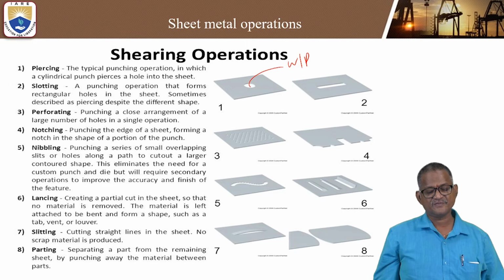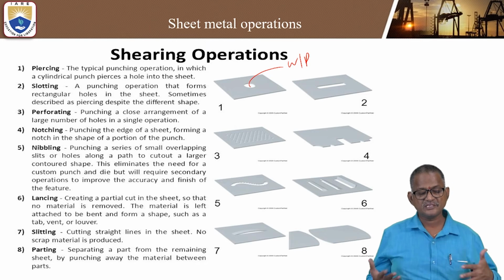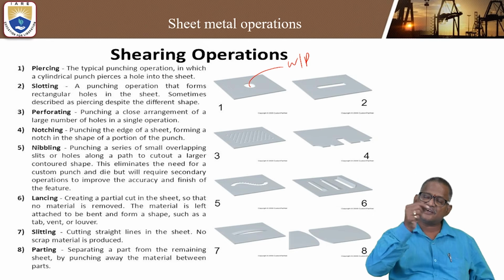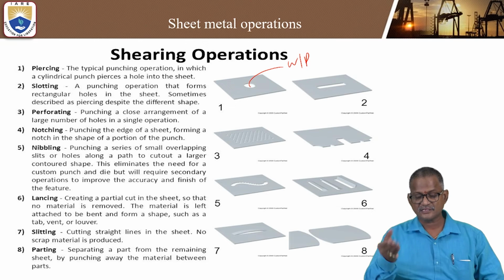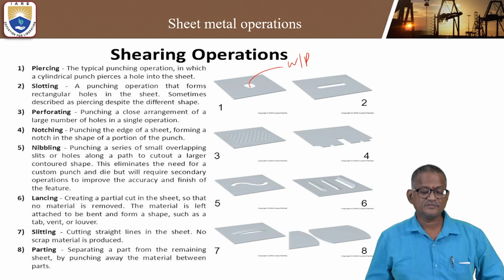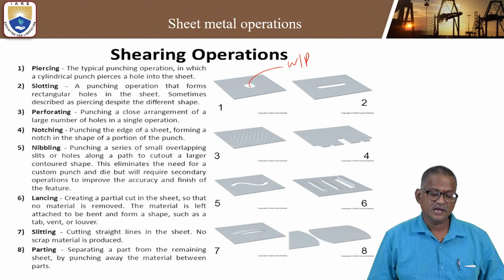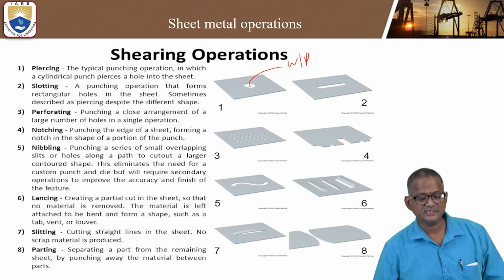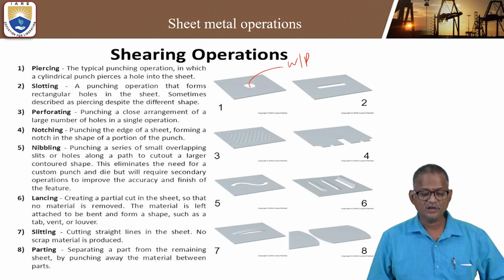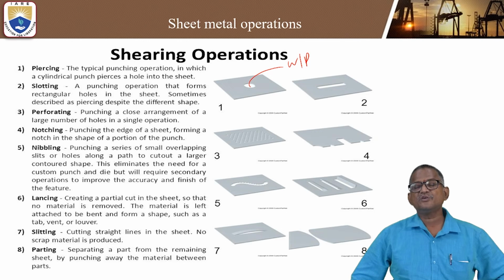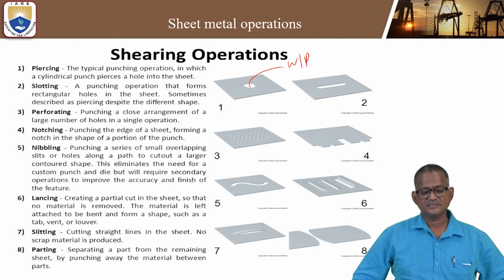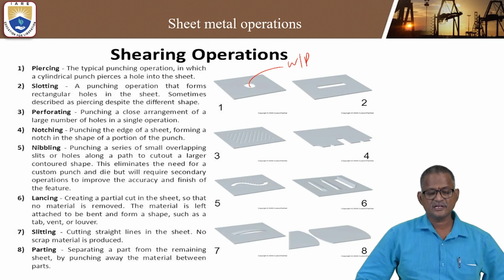And what is perforating, and what about notching? Notching means an end notch, like in impact tests, the Izod impact test, like that we will perform. You can perform this notching process. And nibbling means punching a series of small overlapping holes. Okay, so that is notching and nibbling.